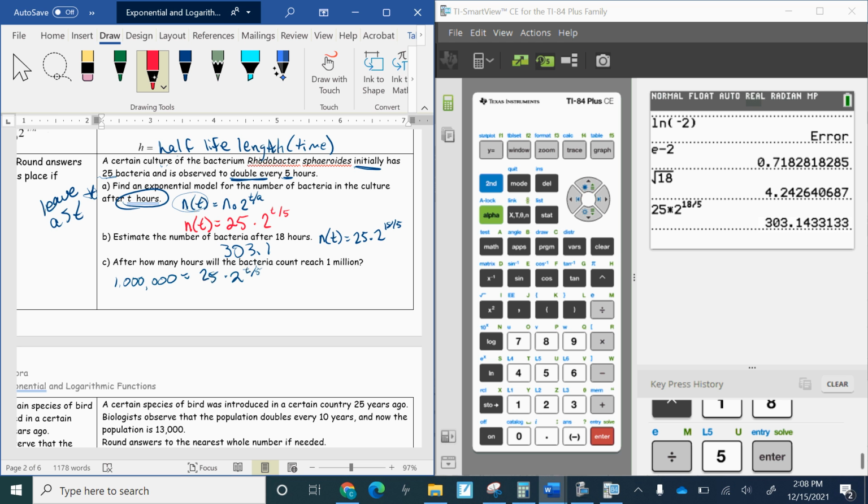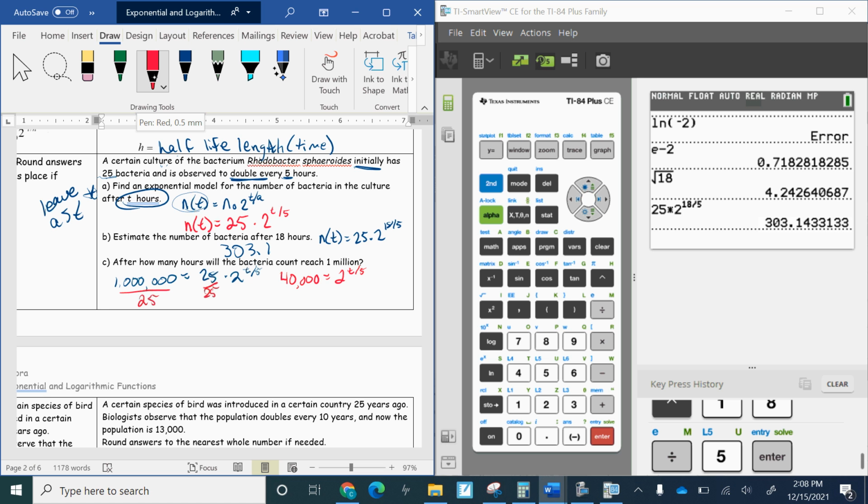When you get it like this, we're going to solve it just like we were above. So we need to start by isolating our term with our exponent. So we take 1 million divided by 25 and we get 40,000 equals 2 to the t over 5.